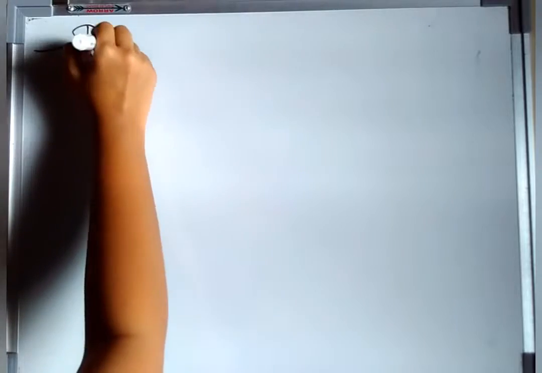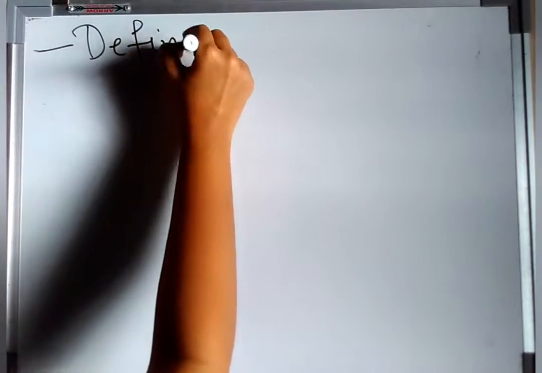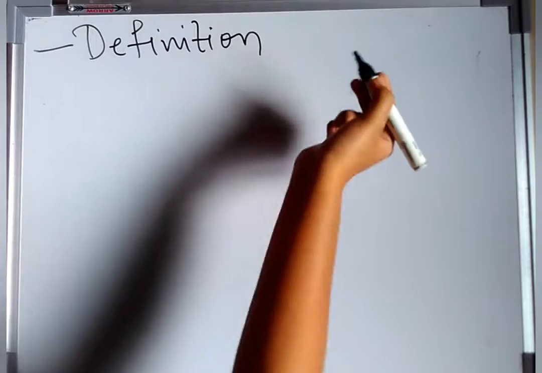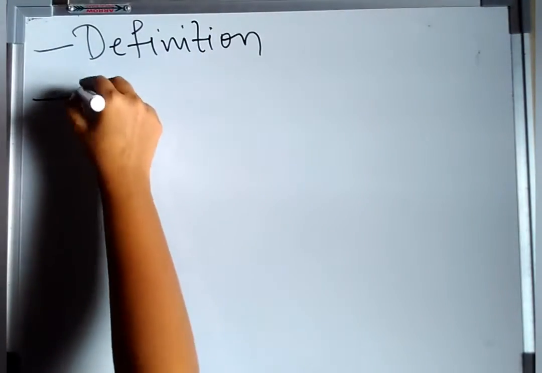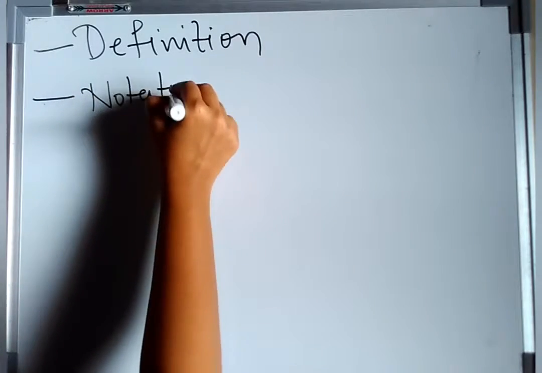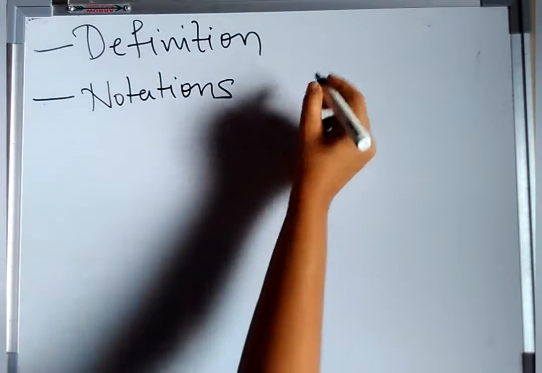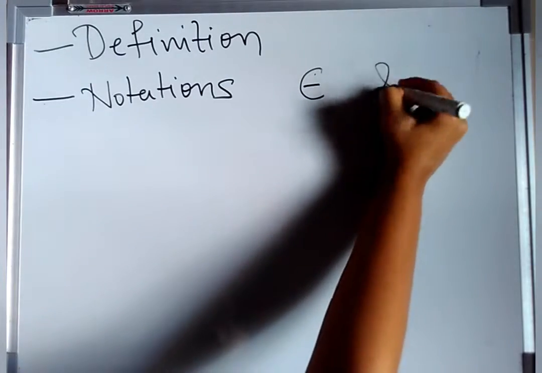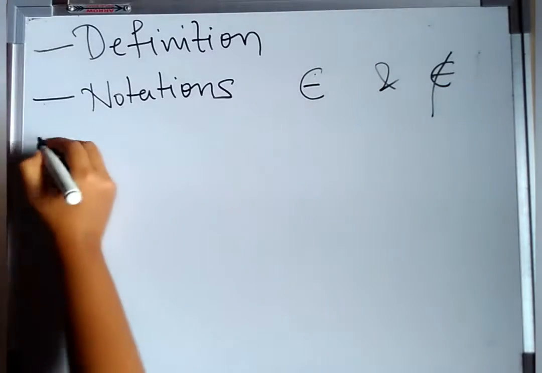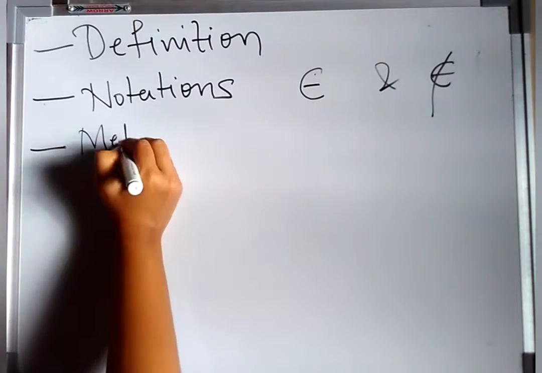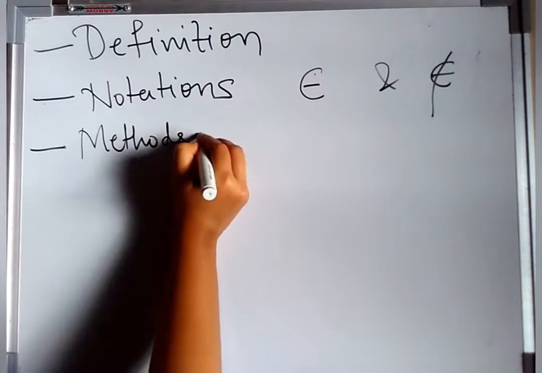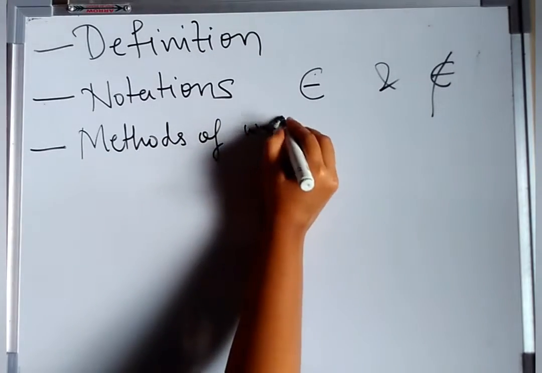Okay, so after the first two videos, we have a clear idea about the definition of a set. Secondly, we learned notations. What were the notations? Belongs to and does not belongs to. And next we learned the methods of writing a set.